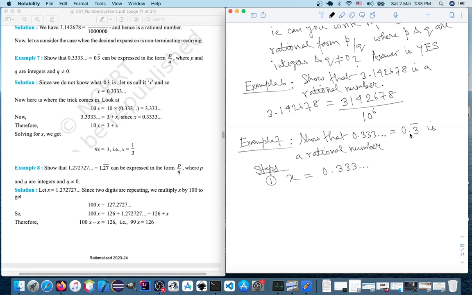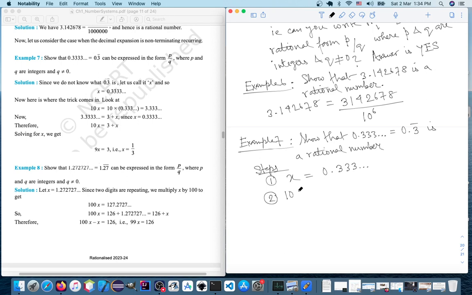Only 3, so 1. In the second step, we multiply equation 1 with 10. Why 10? Because there is only one digit in the repeating block. If there were two digits in the repeating block, we would have multiplied with 100.